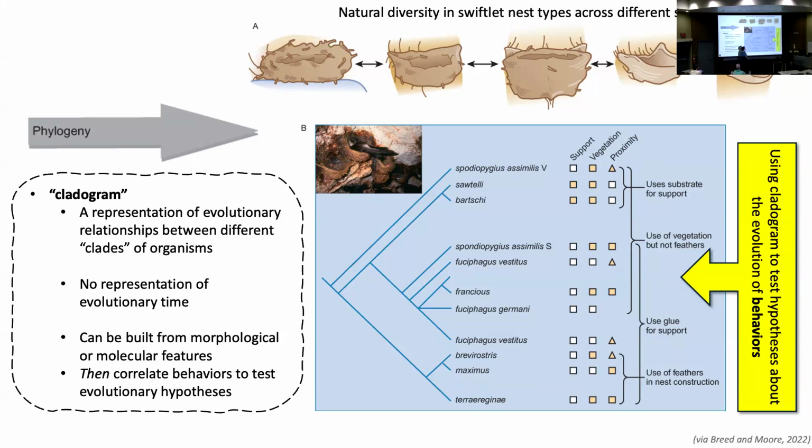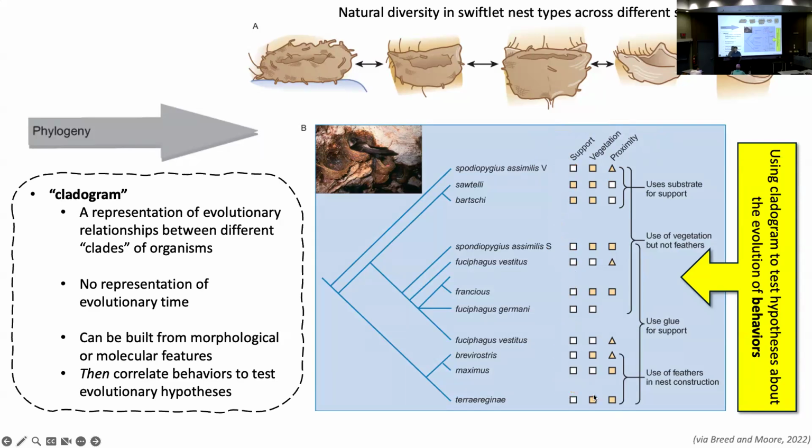So if you notice that, like down here, this group under support, I think this is whether they're glued or whether they're supported a different way. And you notice that this bottom group here all use one type of support. This top group, one of them uses this type of support, but the other two use a different type of support. So that gives you the suggestion that maybe this basal one is the original trait.